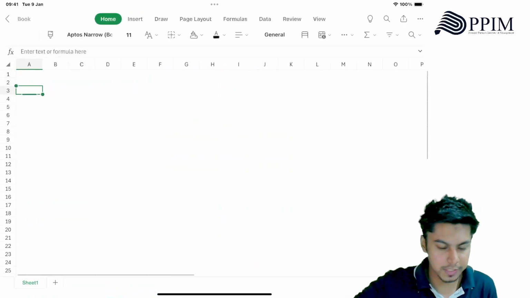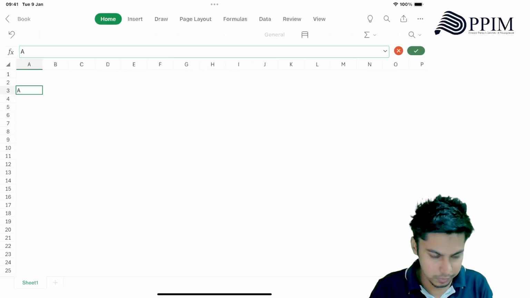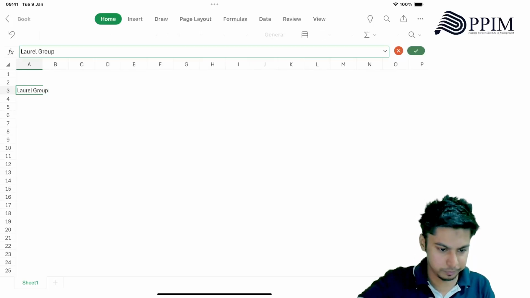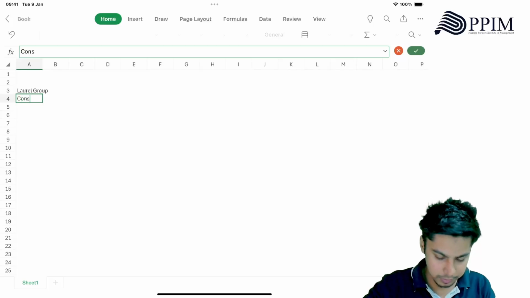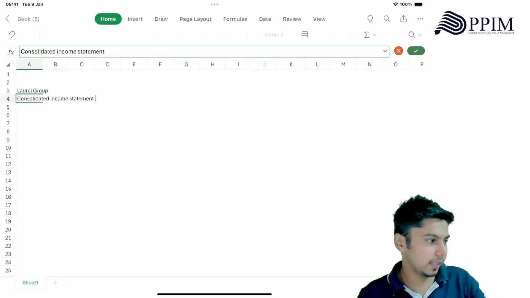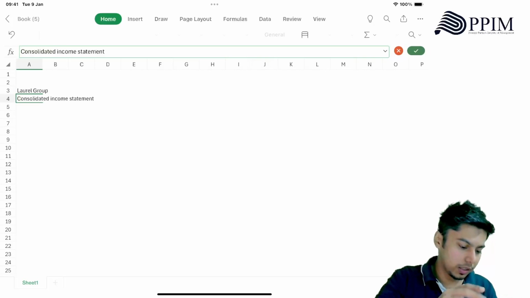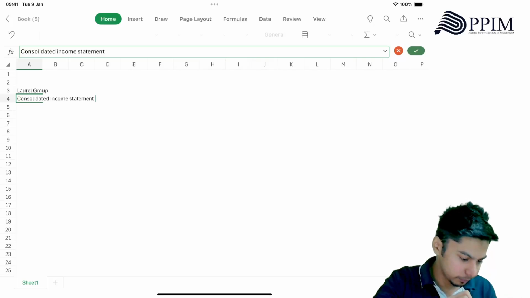Right. So guys, first can you start writing this way? Group. Okay, please start marking. Consolidated income statement. Start writing this one. Students who don't have the old book.